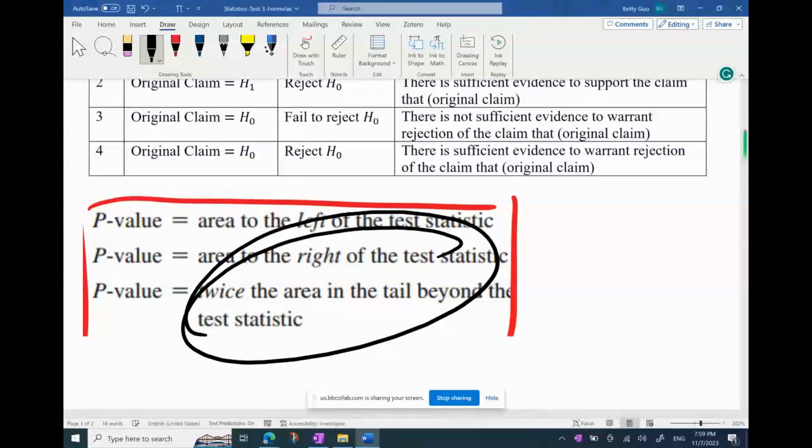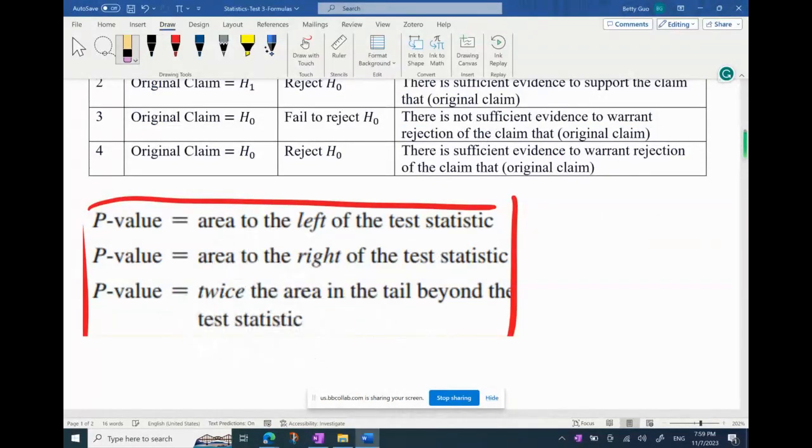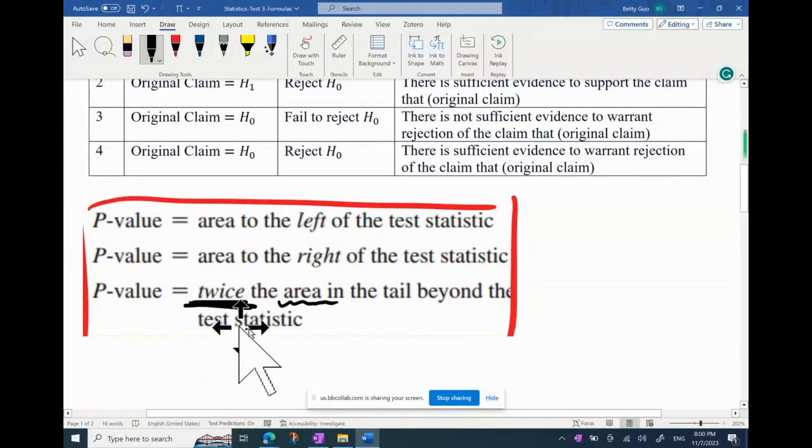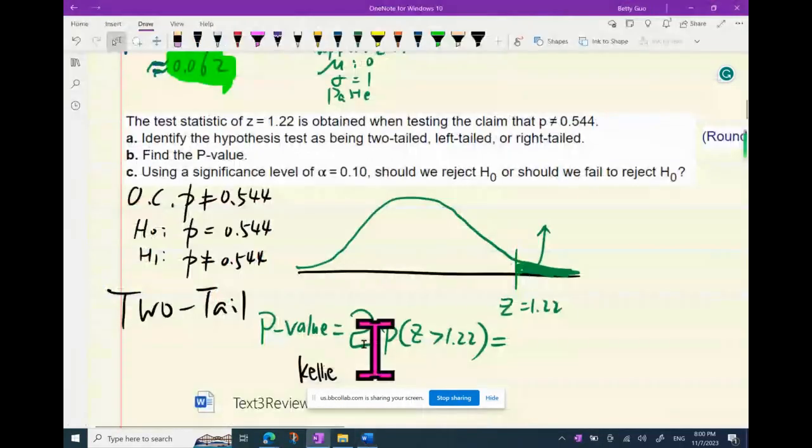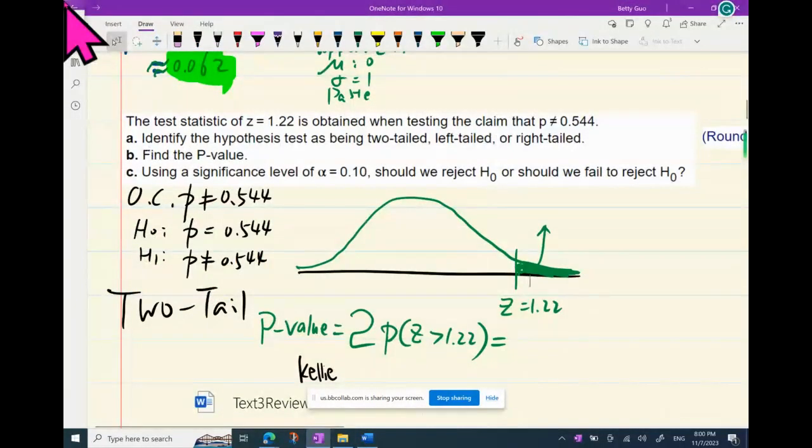As you can see, for the p-value of a two-tail test, you must double, multiply by 2, the area in one tail beyond the test statistic. Very important. Many people forget that, so I'm emphasizing it. Please don't forget.